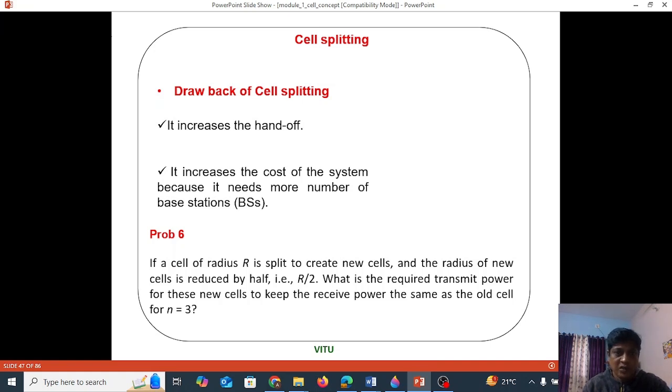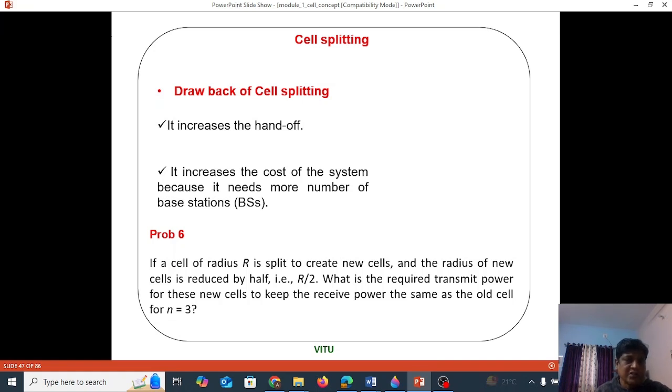We'll take a problem to understand this cell splitting concept and how it affects our system performance. Problem 6: if a cell of radius R is split to create new cells and the radius of the new cells is reduced by half, that is R by 2, what is the required transmit power for these new cells to keep the receive power the same as the old cell for n equal to 3? Basically, here one cell is split into a number of cells.